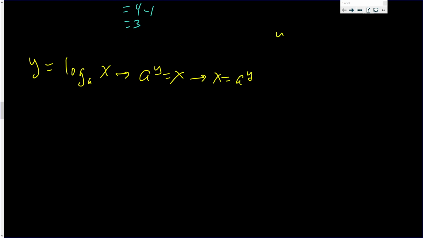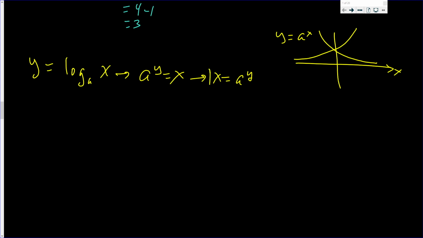When we had y equal a to the x, if a was less than 1, it went like this. And if it was bigger than 1, it went like this. Either case, it got closer and closer to the x-axis. But we just switched x and y.